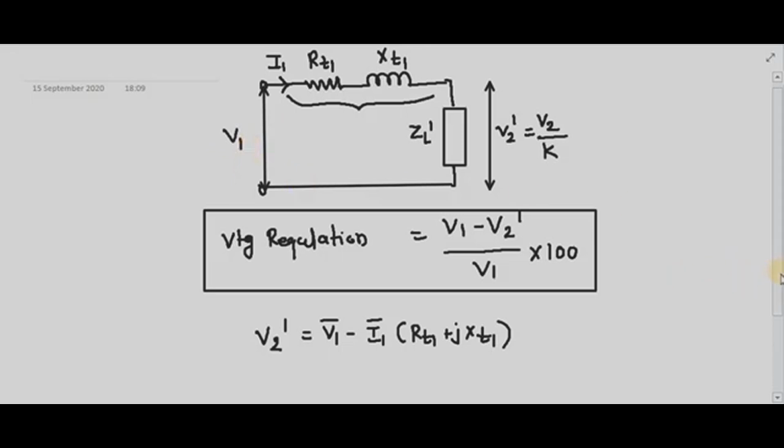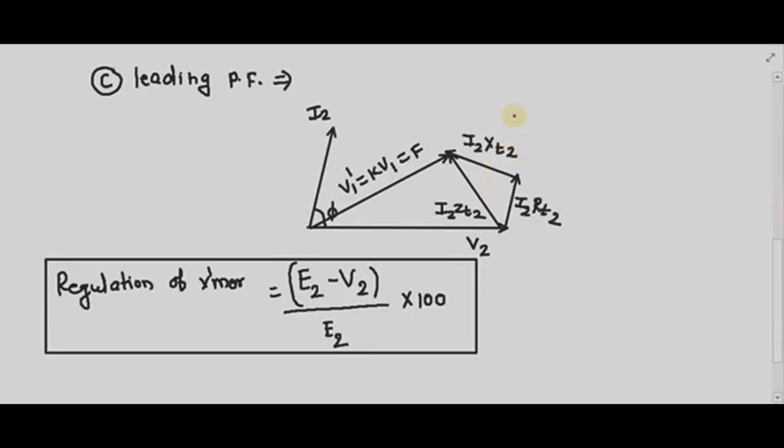So students, remember one thing, as we have seen from the phasor diagram. Again I will show you the phasor diagram. When my power factor is leading, my terminal voltage is less than the voltage at no load, right? So this E2 is less than V2.